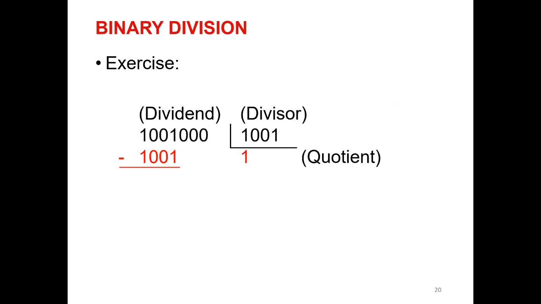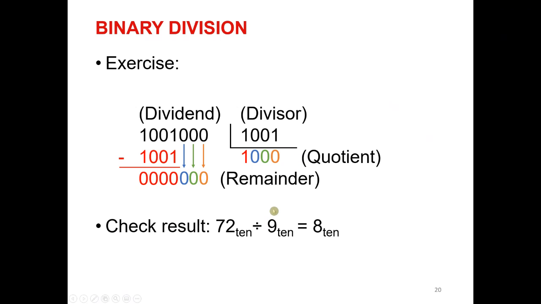We just multiply the first term 1 by the divisor, then we put the divisor here, we subtract it, and the remainder is 0, and in this case we just have all zeros. The quotient, the result, is 1000, and we can check this with the decimal operation, and yeah, great. I think this is easier.